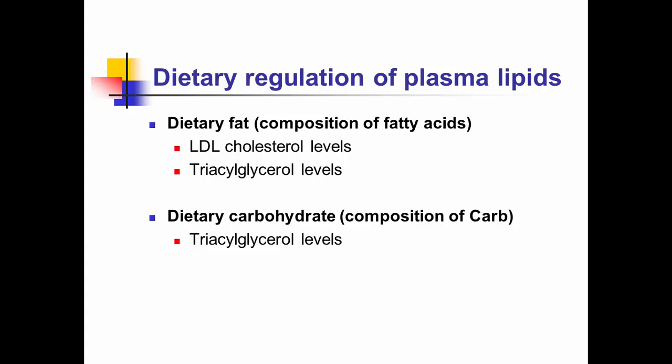If we have a high carbohydrate diet, it usually also influences the triglyceride levels, and not much to do with the cholesterol levels, right? So in other words, the cholesterol and the triglyceride levels can be affected by dietary fat, and dietary carbohydrate seems to only affect the triglyceride levels in the circulation, right? In general speaking.